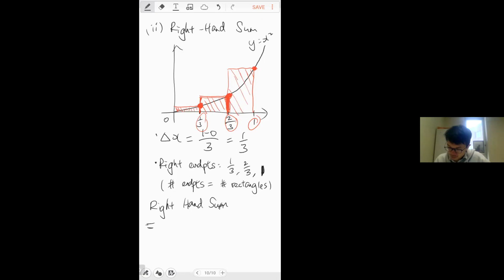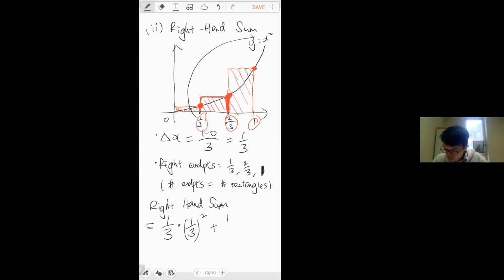Okay, so you multiply the width by the height. And again, the width is always 1/3 in this case. The height, you get that by plugging 1/3 into the derivative. Sorry, not the derivative, the function. So you plug 1/3 into the function. That gives you 1/3 times 1/3 square.